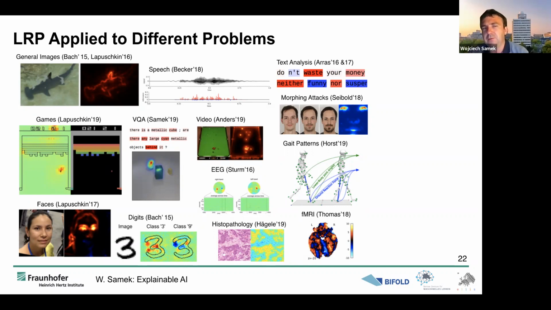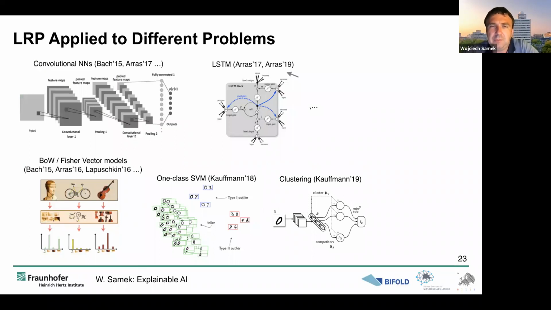So there are various applications today. And it's a very generic technique, and it can also be applied to different models, different problems. So not only to deep neural networks.